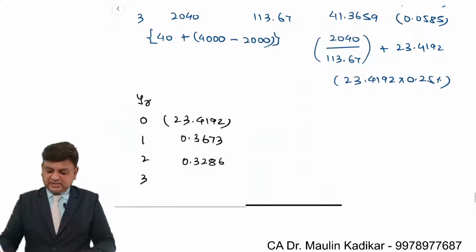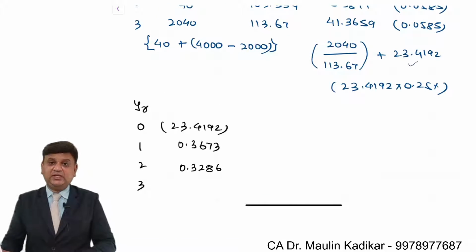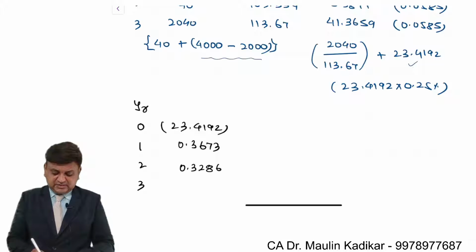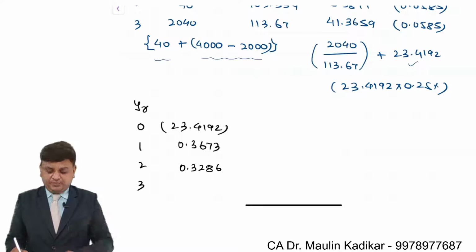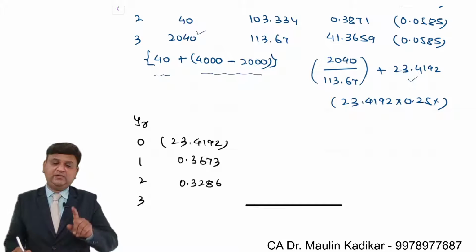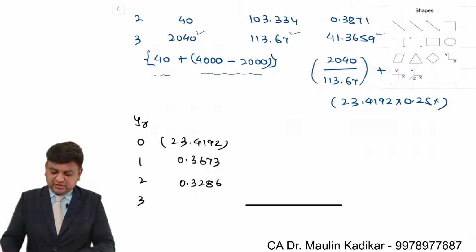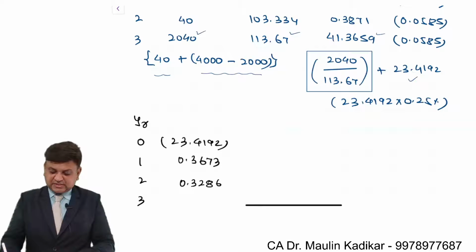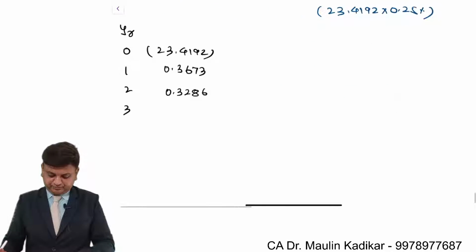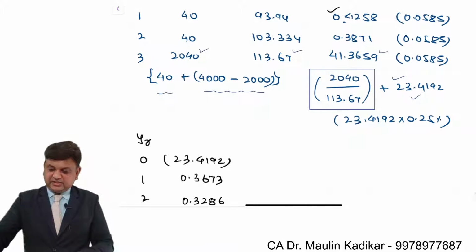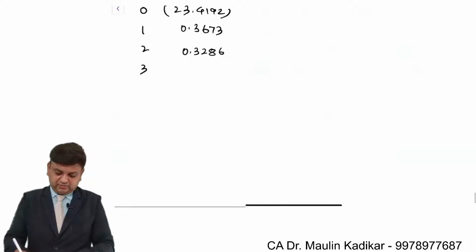So you will receive this amount under the swap arrangement, 23.4192, plus the excess amount which you are going to receive, which is converted into domestic currency using this exchange rate. So 41.3659 minus 0.0585 is 41.3074.